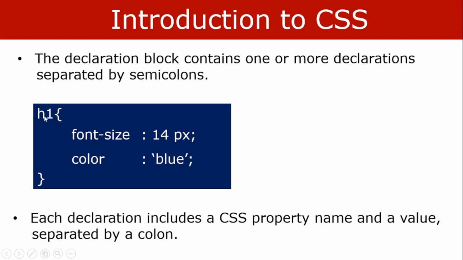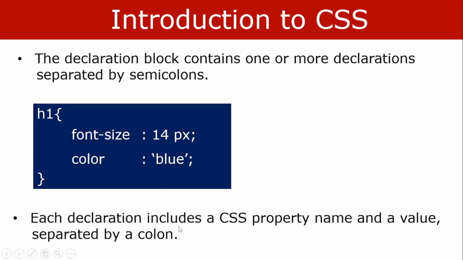Going back to our example of h1, we have two properties here. We have font size, which is 14 pixels, and then we have color, which is blue. So it has more than one declaration, and you can see that from one property to another, they are separated by a semicolon.